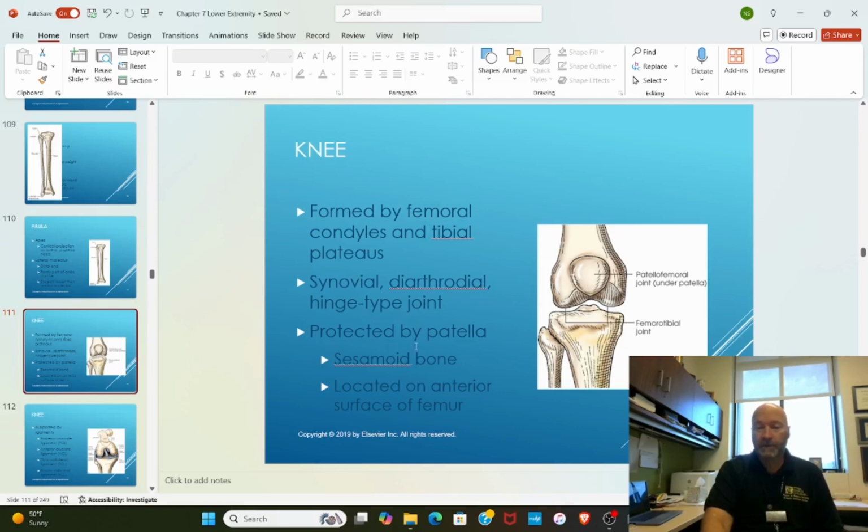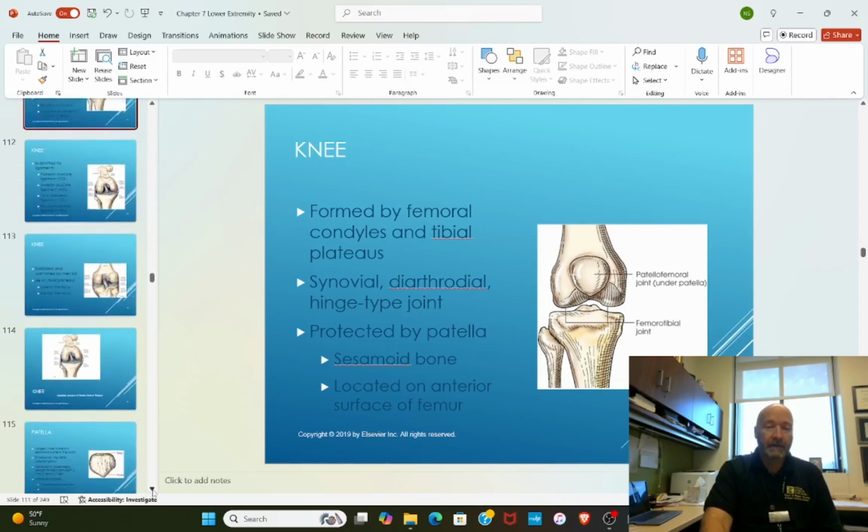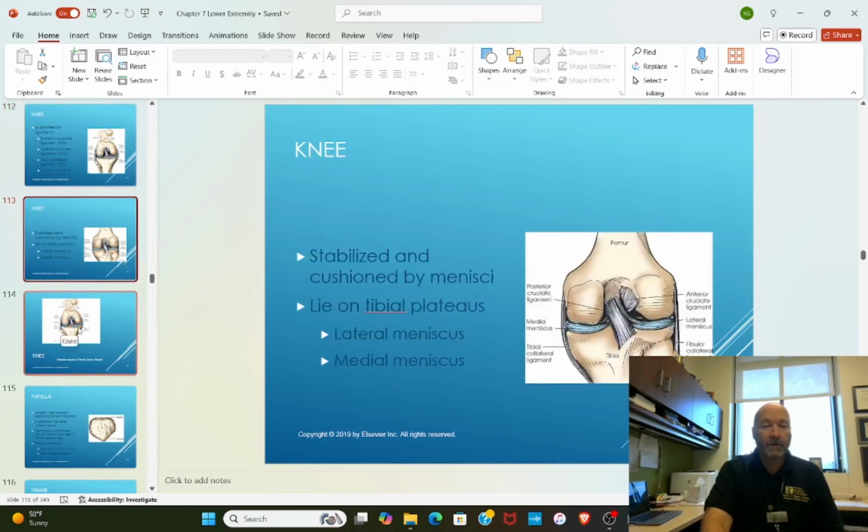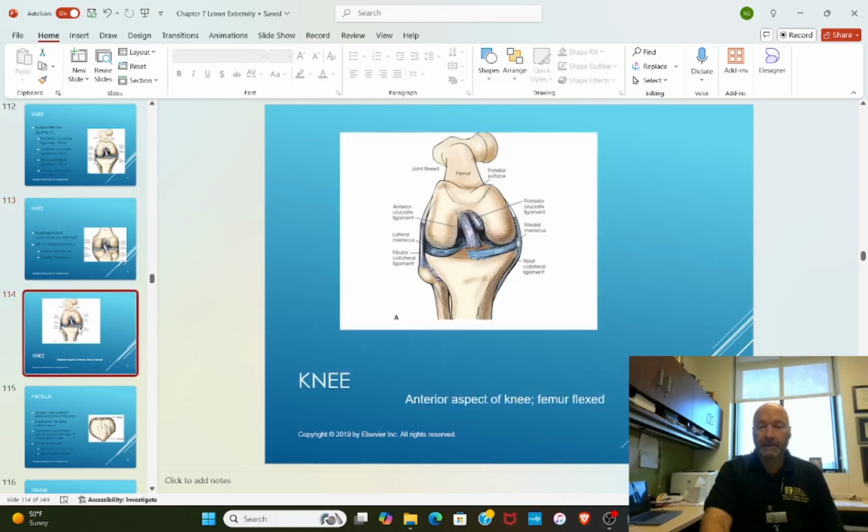For the most part, it's a hinge joint. The patella is the largest sesamoid bone in the body, and we'll take a look at it in a minute. So just a look at what the ligaments and tendons look like. There are no questions on my test about those ligaments and tendons, so that's just for your information.